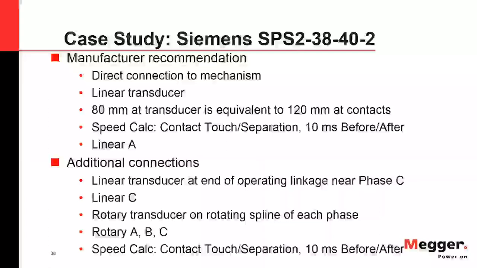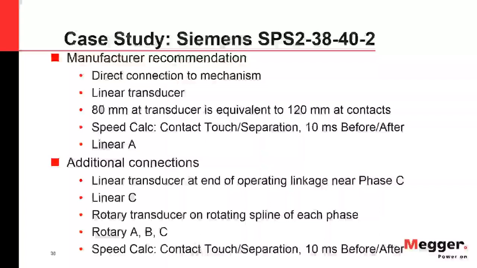So we're going to refer to this as linear C throughout the presentation. And this actually is how the manufacturer recommends that you hook to their more recent design of circuit breakers, is now hooking up to here. And so we can use a different transfer function or conversion table for those.